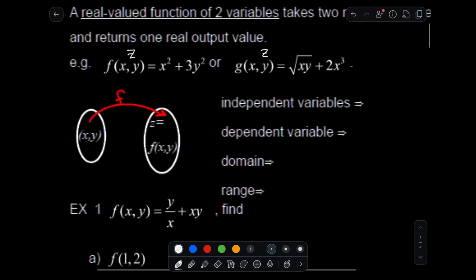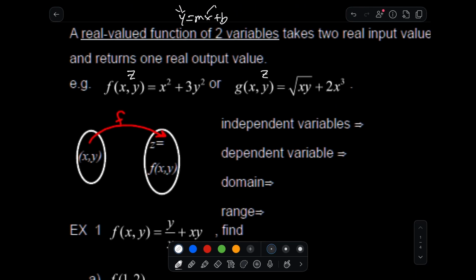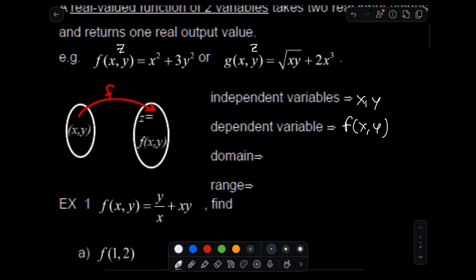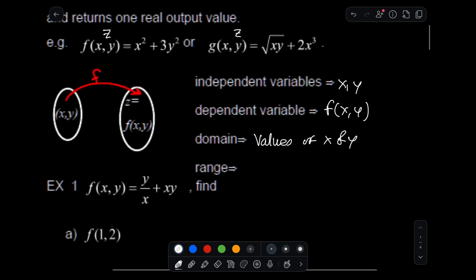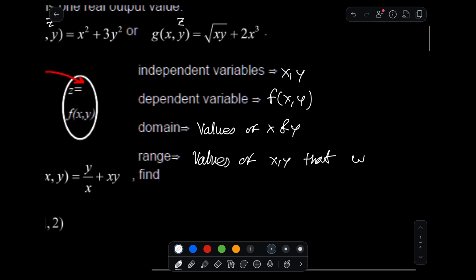The independent variables for real valued functions of 2 variables are x and y, and the dependent variable is f of x, y. Your domain is your values of x and y, and your range is the values that work in the expression.